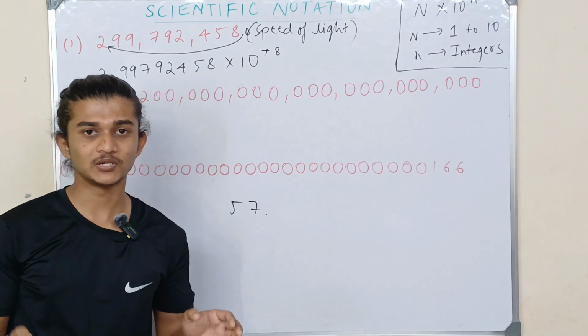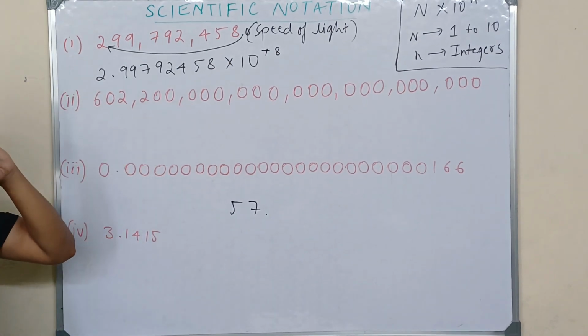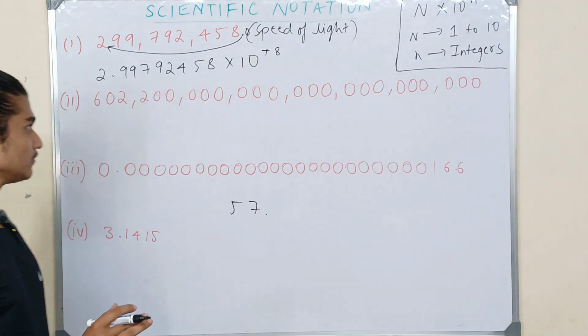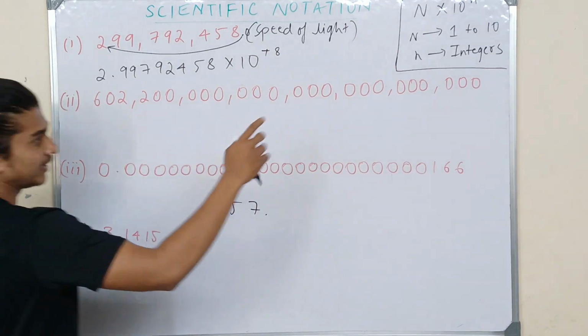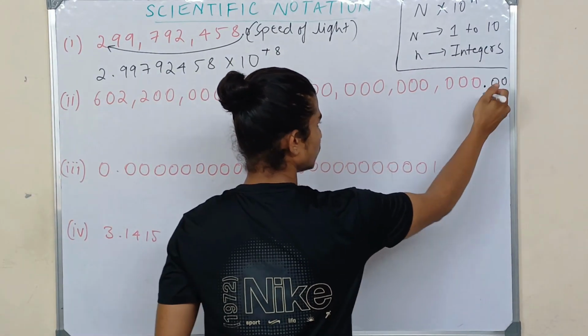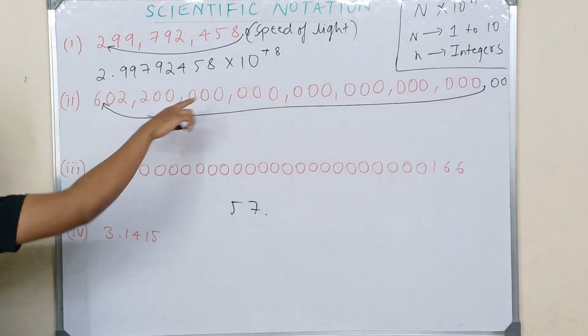Okay guys, now let's solve the second one. As you are familiar with this number, this is Avogadro number, the number of entities in 1 mole of anything. As I took this for the introduction also, by default I can say the point is over here, 0.00 something. Now I have to move this point over here in order to get a number between 1 to 10.